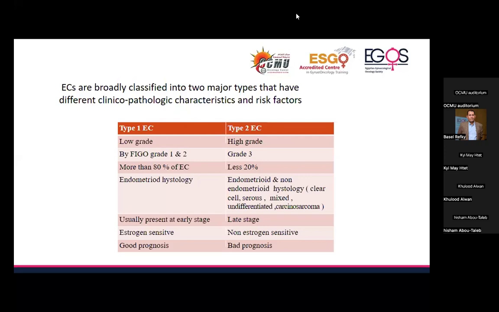This, I think, will be the best solution in our settings that can save patients from having a hysterectomy for endometrial cancer cases that are not diagnosed before or diagnosed.